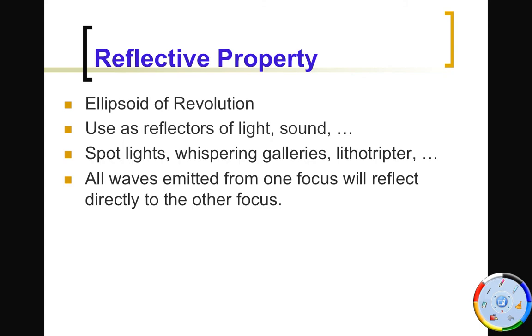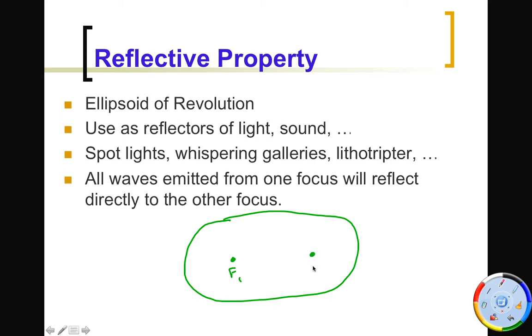But what it is, all waves emitting from a focal point will reflect directly to the other focal point. So if you had some sort of an elliptical shape, and you had a focal point here and a focal point here, and you sent out some sort of waves from this focal point, and it came up here and hit that side, that would automatically reflect to the other focal point.